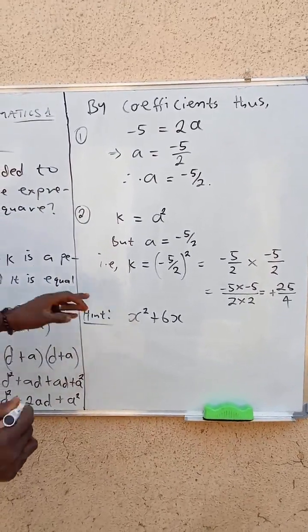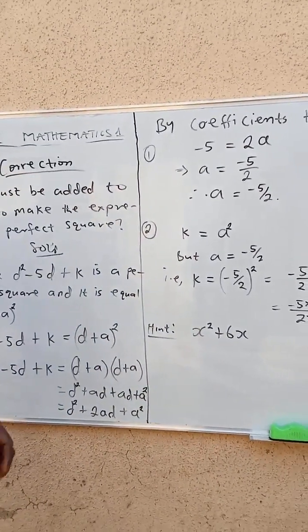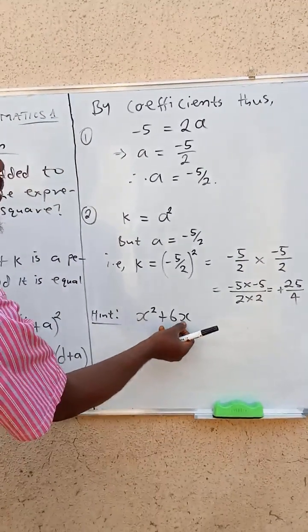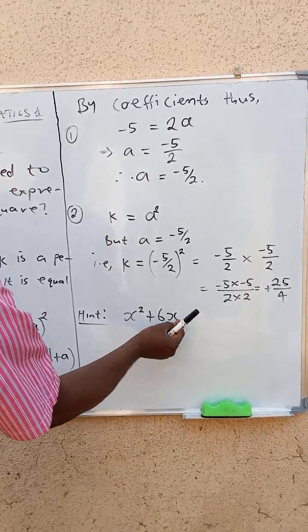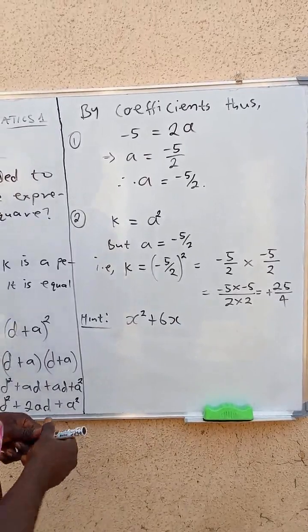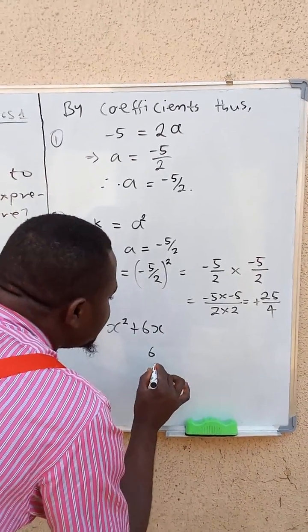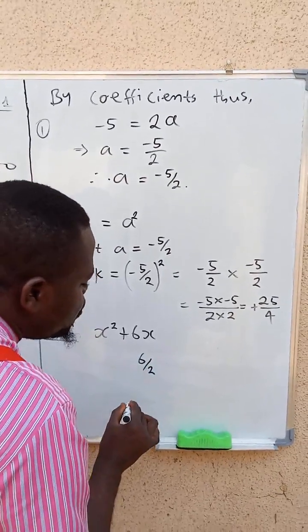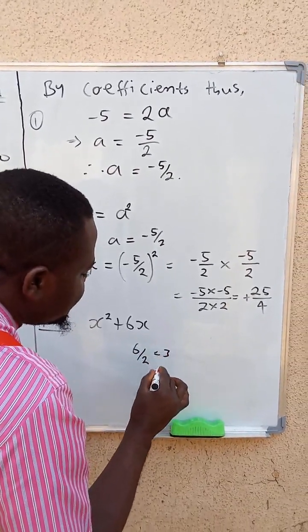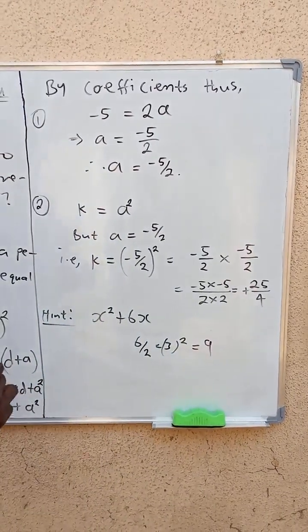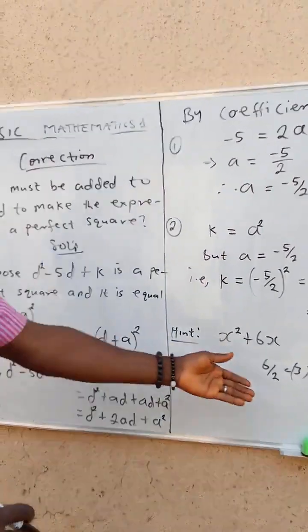In this case, I don't need to solve all this except they ask me to show work. What I need to do, I'll take the coefficient of the one that the power of x is 1. The coefficient of x here is 6. I'll divide 6 by 2 and it will give me 3, right? Then I'll square it, which is 9. So I'll now come to the expression and add it.